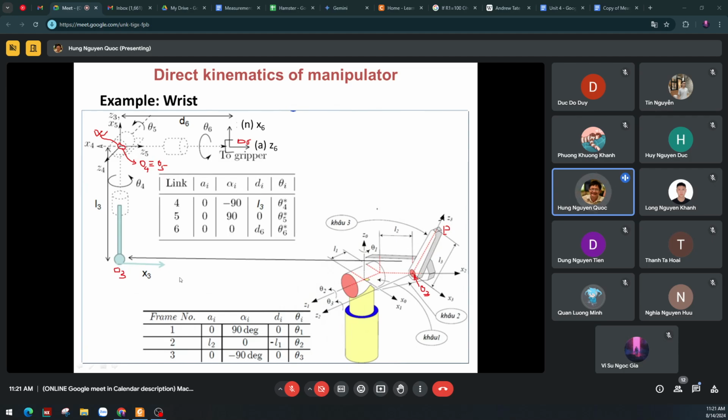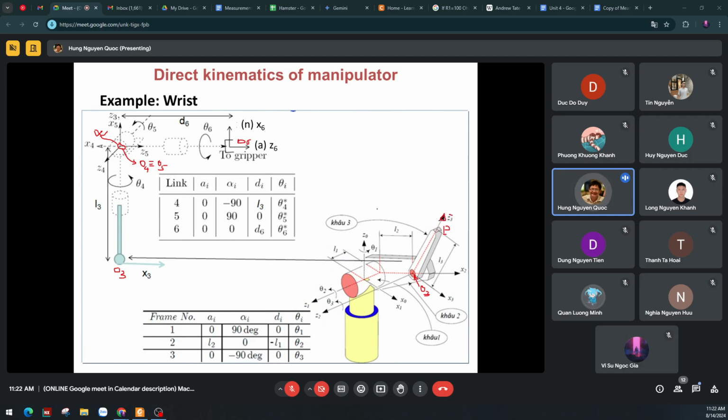Imagine we put a gripper here. Not a gripper, a wrist. Okay, a wrist. So for the wrist, as I mentioned, when we do the robot, we always choose the Z axis pointing out.